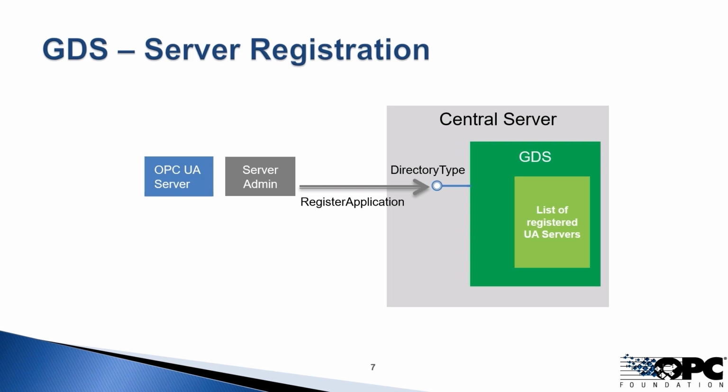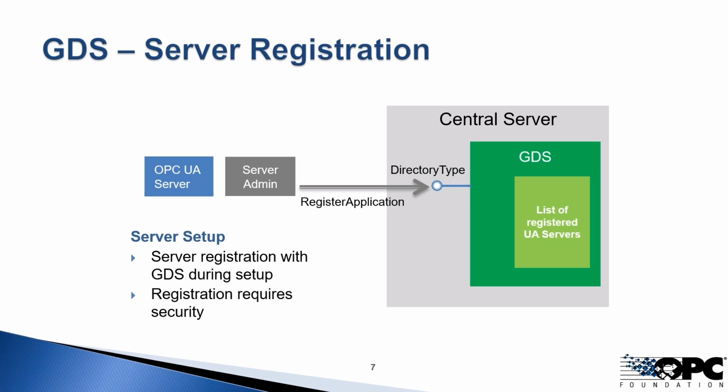So again, one advantage to using the GDS in this case is that it's a trusted source for discovery as opposed to an ad hoc, somewhat untrusted source. Typically, of course, the server registration will happen during setup at some point in time, and that registration requires security of this server admin to allow this registration to occur.